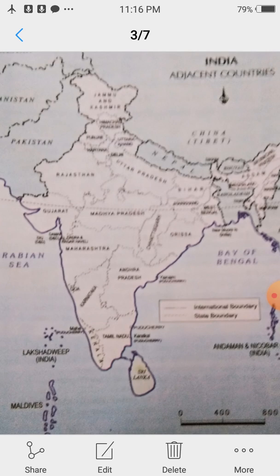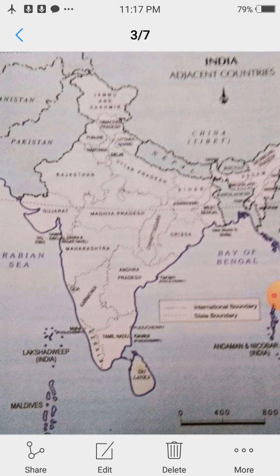The southernmost point of the Indian Union was Indira Point. Indira Point got submerged under the sea water in 2004 during the tsunami.